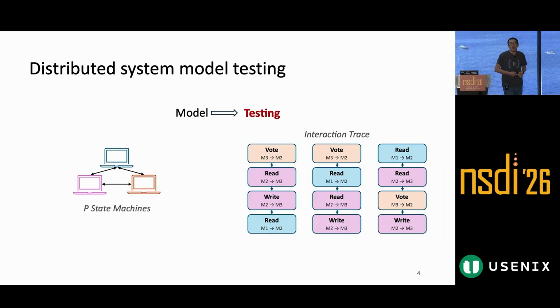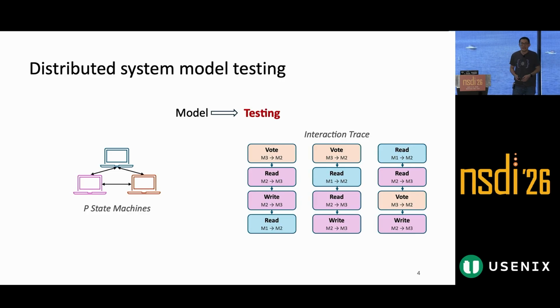The testing part is to explore the behavior of the distributed system based on different message interleavings. In this case, the model testing framework will proactively explore different message interleavings to make sure that the behavior of your distributed system model matches the specification.